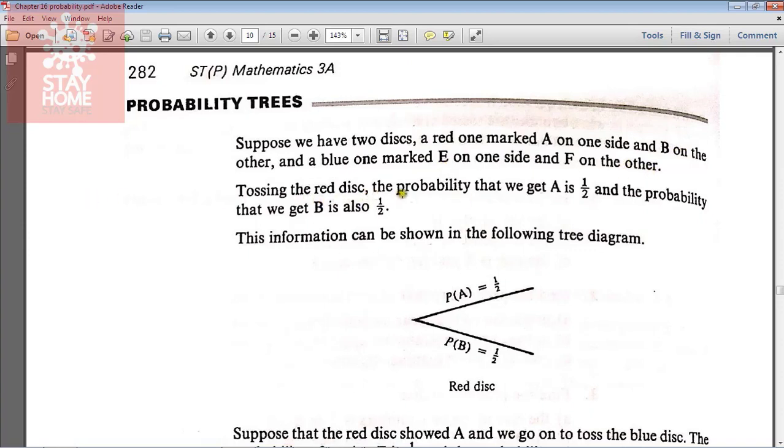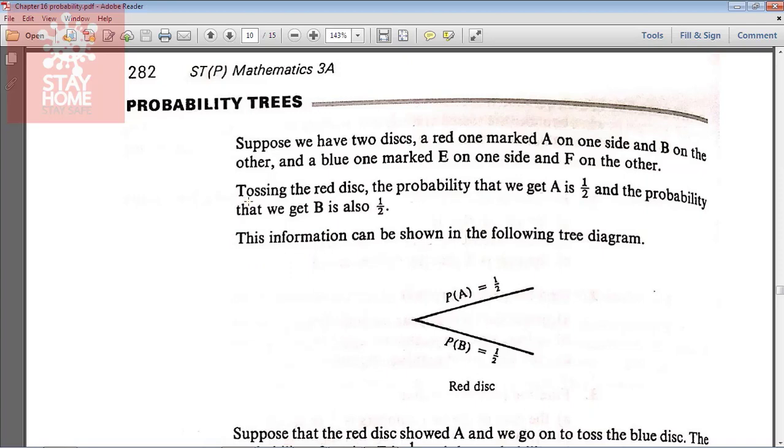Tossing the red disc, the probability that we get A is 1/2. It is the same as the coin. If you have a coin, one side is head and one side is tail. So you have the red disc, one side is A and one side is B. So the probability of A is 1/2 and the probability of B is 1/2 on the red disc.